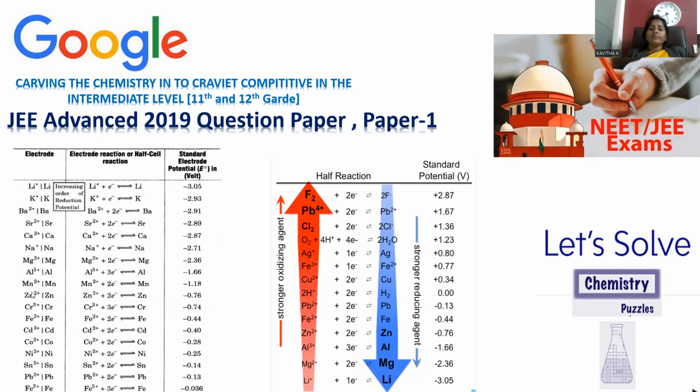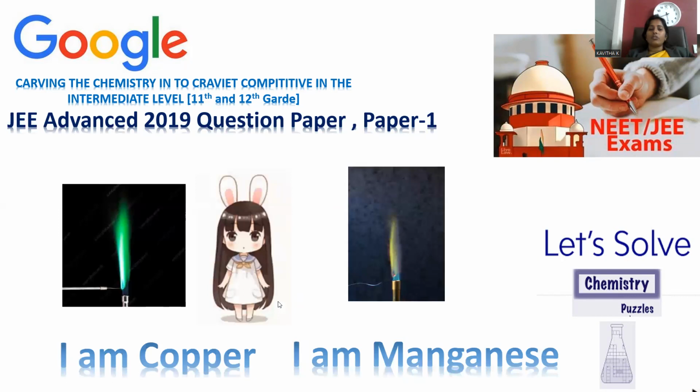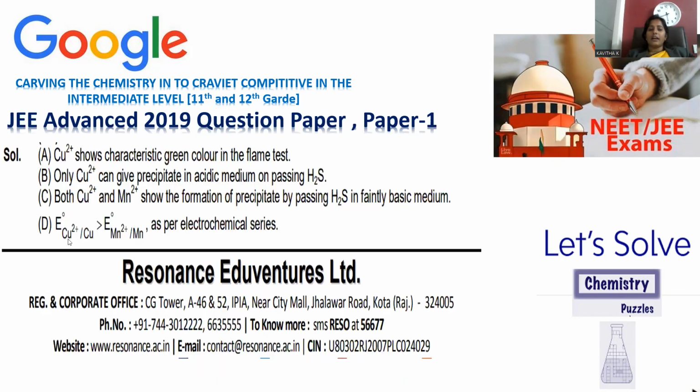That's the reason manganese shows negative 1.18 and copper shows positive 0.34. So in value, copper is higher in comparison to manganese. Negative values are always lower than positive values. That's why the copper standard electrode reduction potential is higher than manganese. This is the correct one.